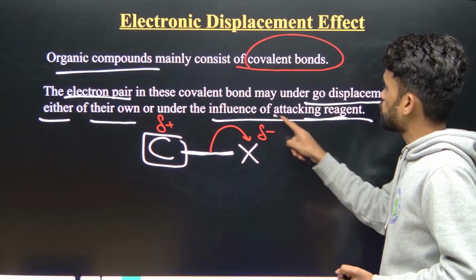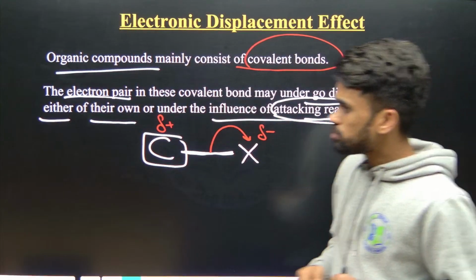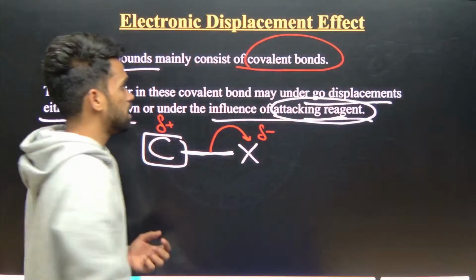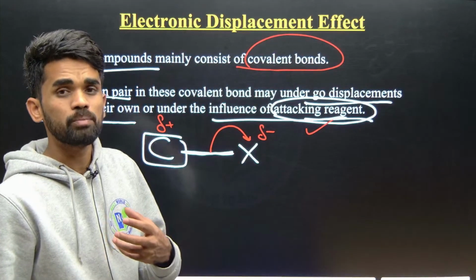If it is undergoing displacement in the presence of an external attacking reagent, we call it the electromeric effect.